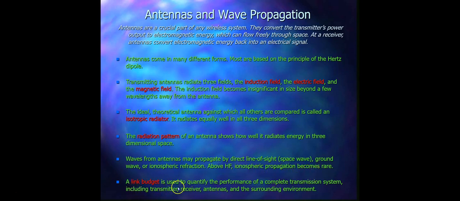A link budget is used to quantify the performance of a complete transmission system, including transmitter, receiver, antennas, and the surrounding environment. This wave propagation we are going to cover in the second part of this lecture, and in this lecture we are mainly going to focus on the antennas, different types of antennas, and the principles related to them.